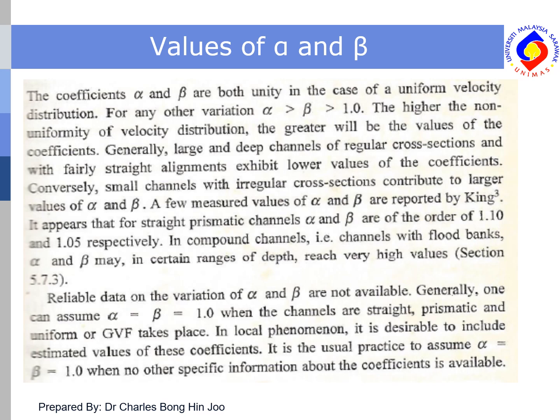For the case of a uniform velocity distribution, the coefficients alpha and beta both have a value of unity. For any other variation, alpha is larger than beta and beta is larger than 1.